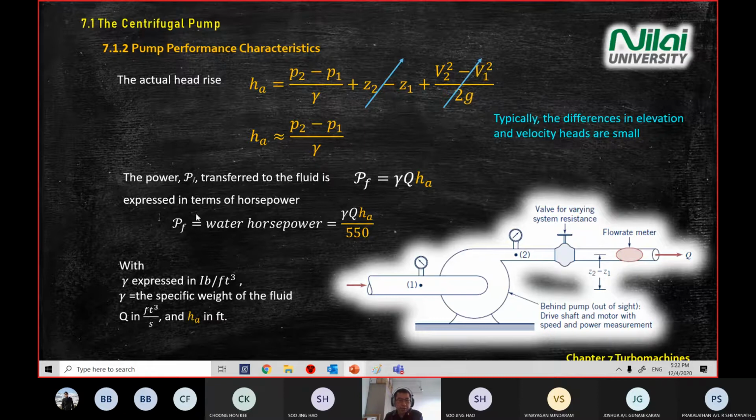So just be careful when you go to industry. When you do conversion, you need to be careful. When you use 550, all the parameters here must use those units. For normal calculation in SI units, this is the equation, and the unit for power always ends up in watts.